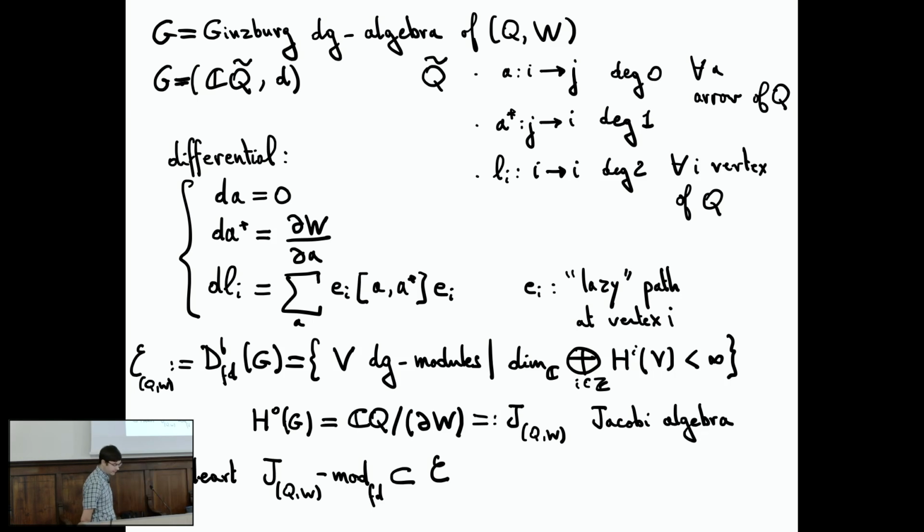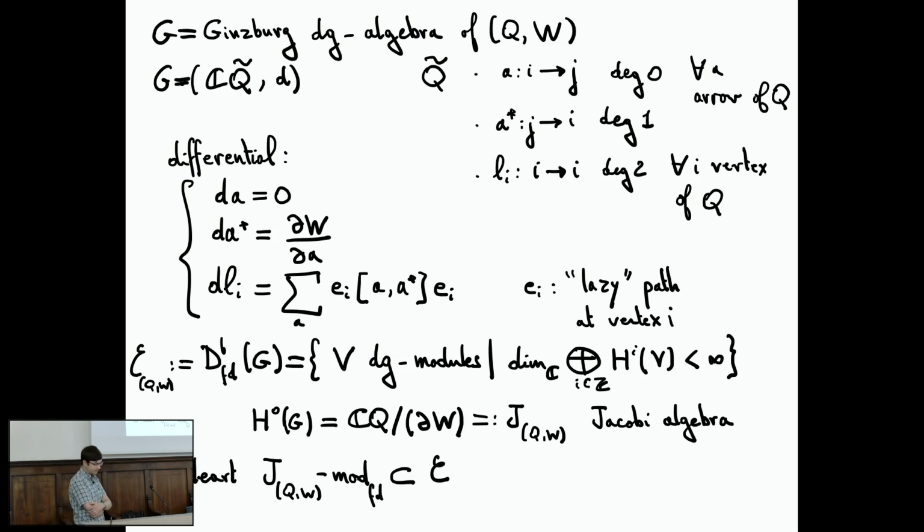And if you have one of these new loops l_i, you declare that d of l_i is the sum over all the arrows a of this expression, e_i commutator of a star, e_i, where e_i is sometimes called the lazy path, a path of length 0 starting at the vertex i and ending at the vertex i. These are just formulas to cook up a graded algebra with a differential. You get a differential graded algebra, which is called the Ginzburg DG algebra.